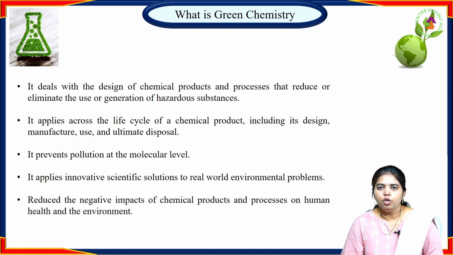It applies innovative scientific solutions for most of the real world environmental problems. Most of the environmental problems can be solved by using the green chemistry principles. It also reduces the negative impacts of different chemical products on human health and also on the environment.